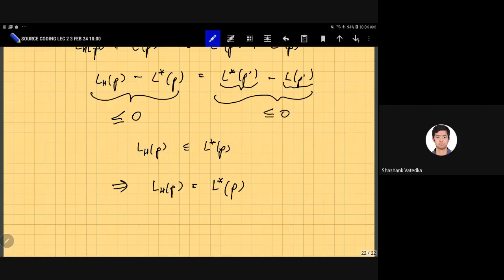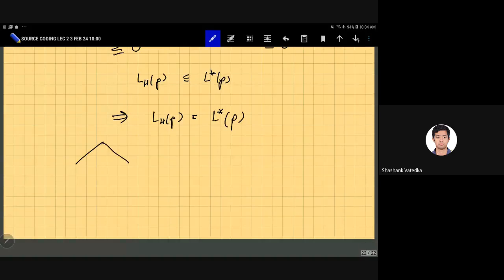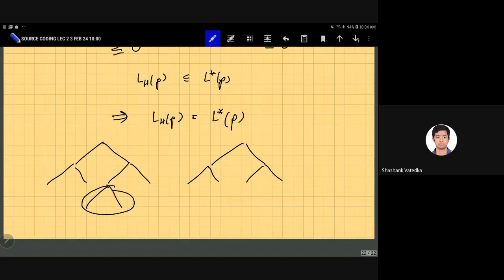Okay, so if you take any Huffman code and then you just merge these two, you get another Huffman code. If you merge the Huffman code and look at the resulting code for m minus 1 symbols, then this will also be a Huffman code, the Huffman code for the alphabet on m minus 1 symbols.